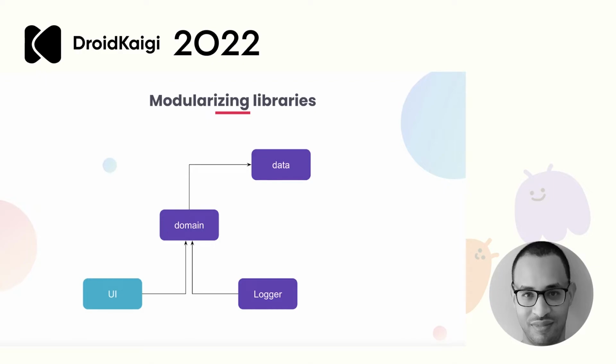And for the external libraries that could be used in UI and domain layer, it will be useful to extract it into a library module and expose an interface inside the domain layer where use cases can consume it. And the other benefit is that the UI layer does not need to know about the library.